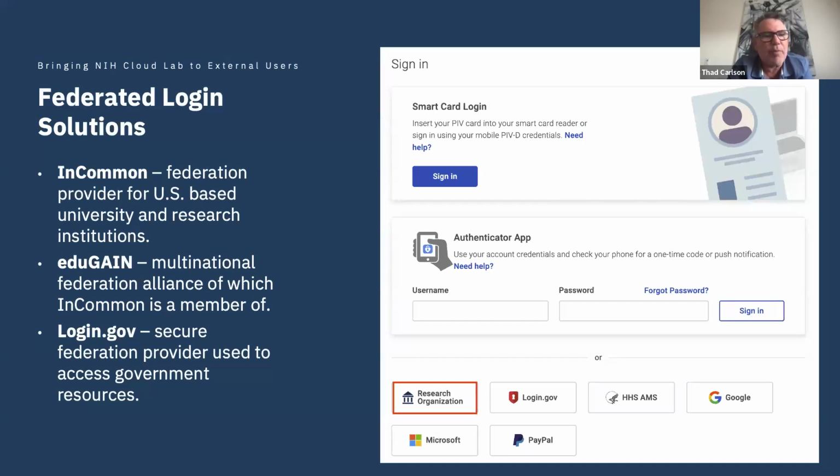So we really had to go about it, and Cloud Lab is across all 3 CSPs, so AWS, Azure, and Google. So we had to make sure that our solutions worked across all these different platforms. And as we got into it, each platform had unique challenges, and we'll talk about that. So, you know, it was quite a technical feat to be able to get this to work in the way that we did.